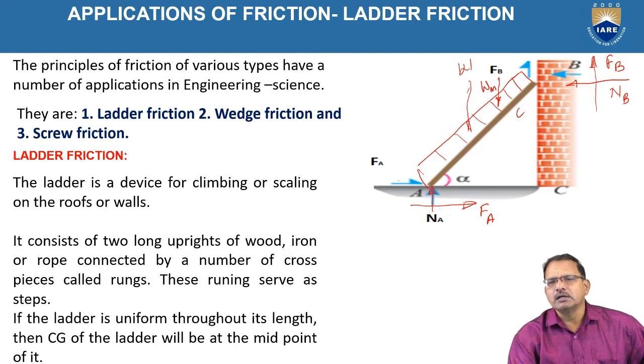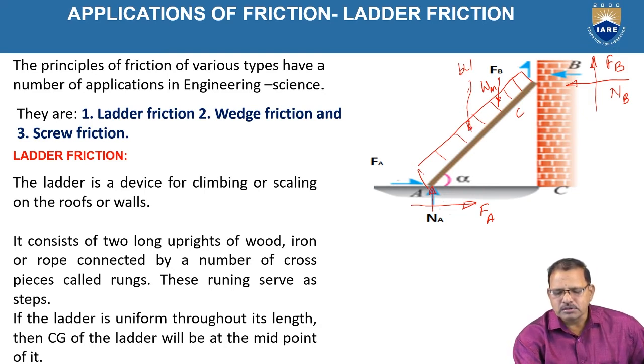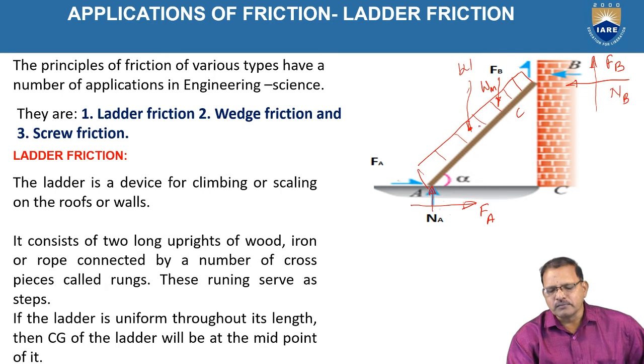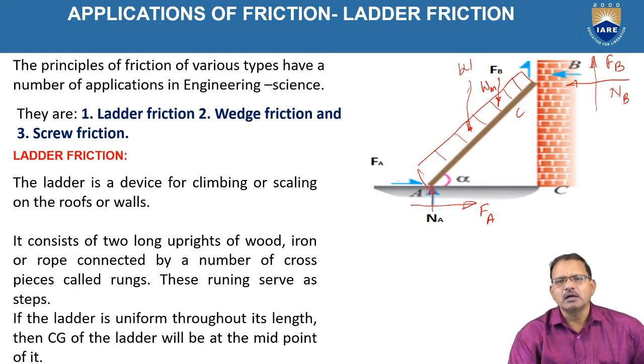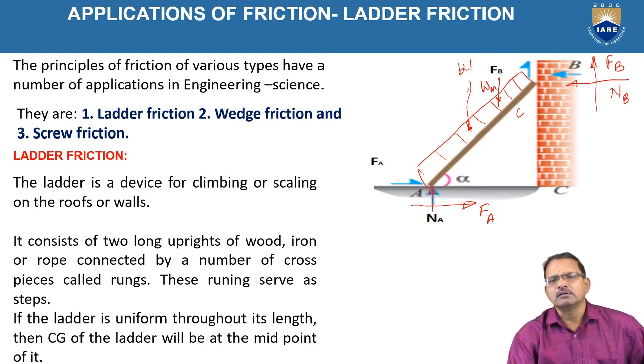W is the weight of the ladder, which acts through the center of gravity of the ladder. Since the ladder is uniform, the center point is treated as the center of gravity, where the weight of the body is supposed to act. All these forces at A and B, at the center of gravity, and the weight of the person are coplanar, but they are non-concurrent.